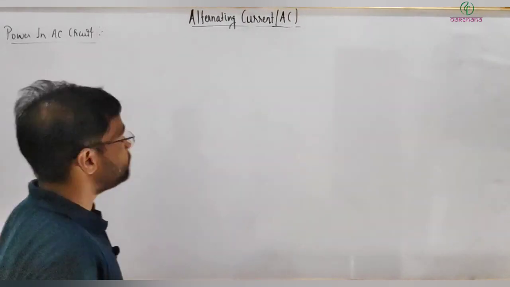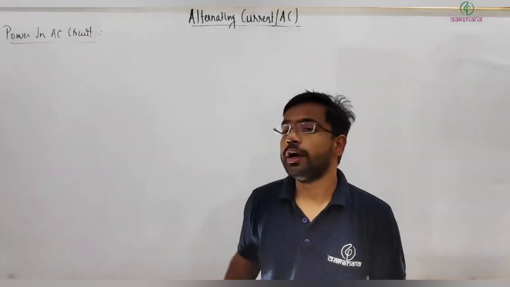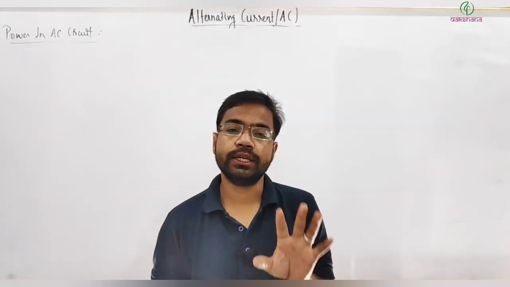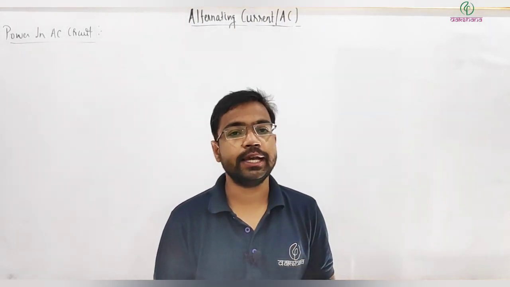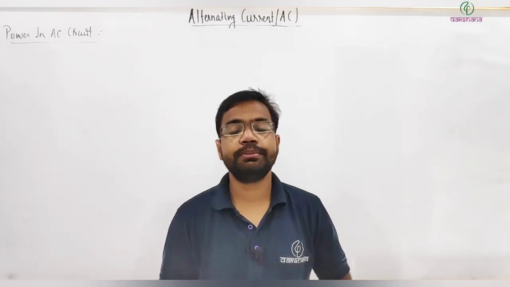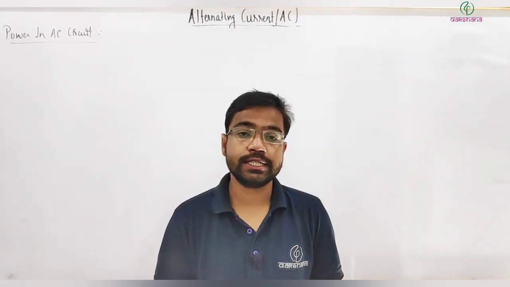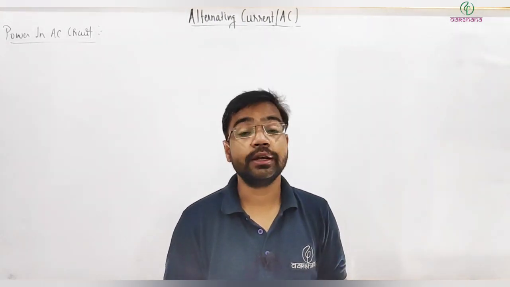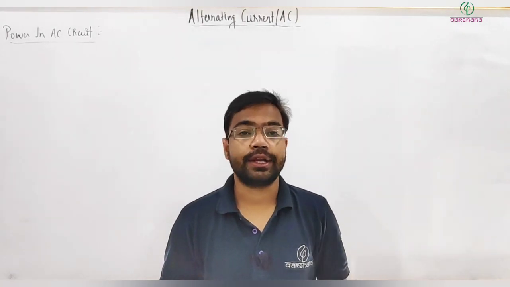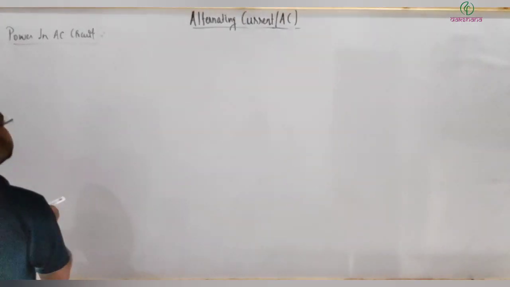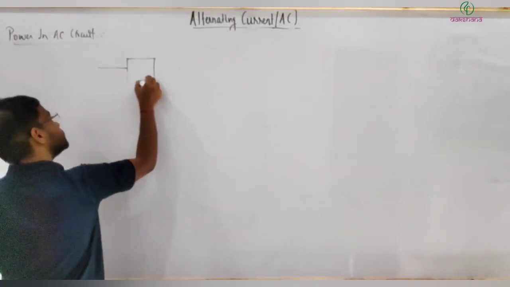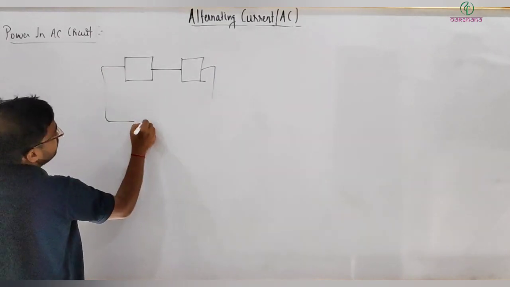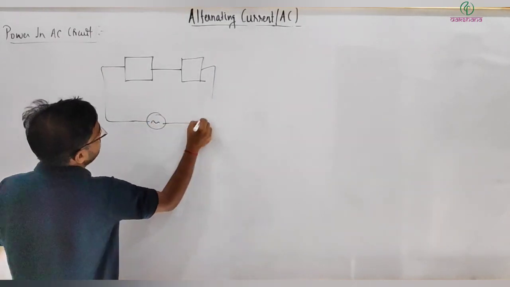Okay, so let's next talk about power in an AC circuit. Up to now we understood the situations where a series RC, RL or LC circuit, or simple purely inductive, resistive and capacitive circuits are given. In such cases, if some input alternating power is provided, then we can get the current. So in general, let's say this is a box containing some circuit elements, and this complete system is connected to a battery.